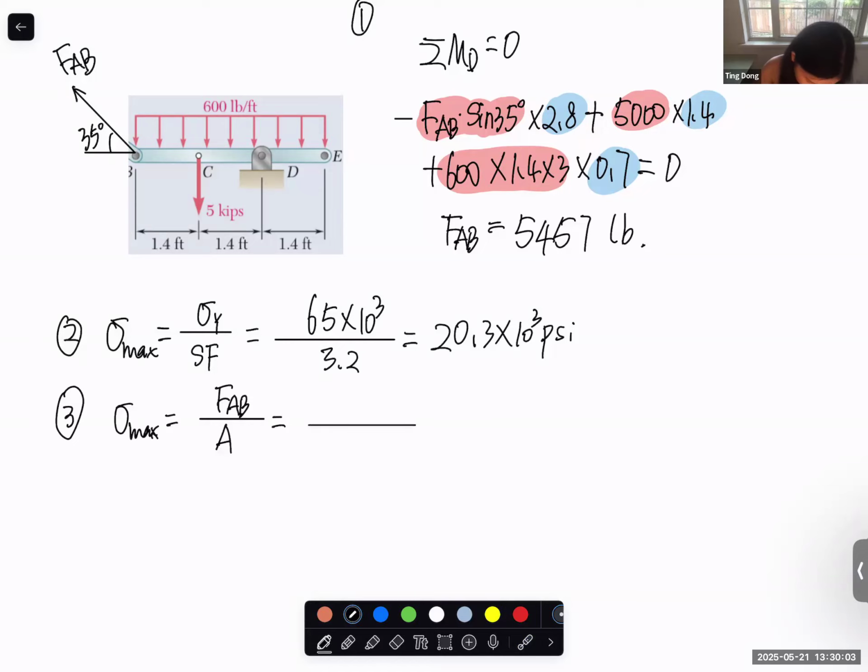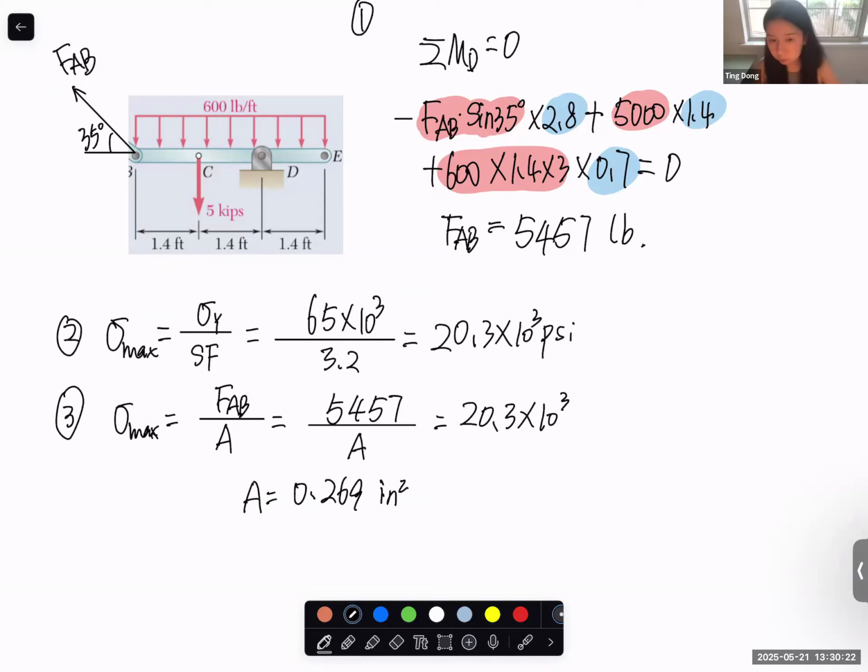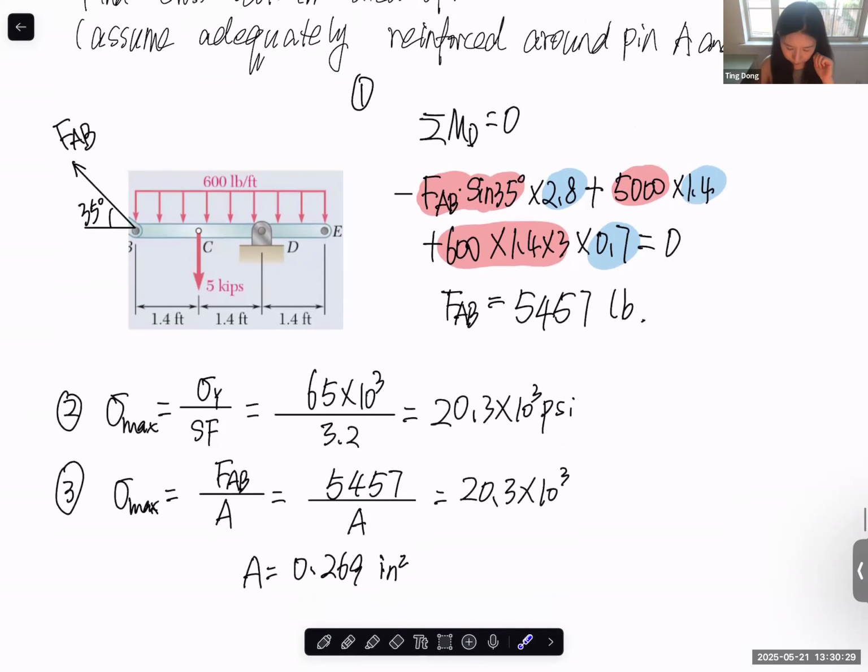And this is equal to 5,457 pounds over area, equal to the allowable stress in PSI, and area in inch squared. Any question?